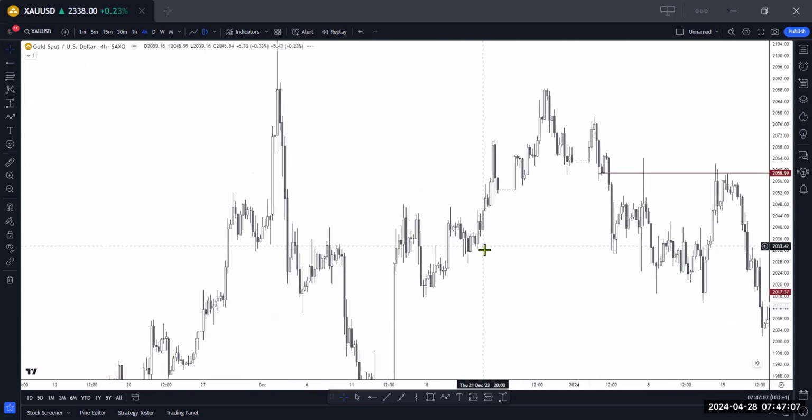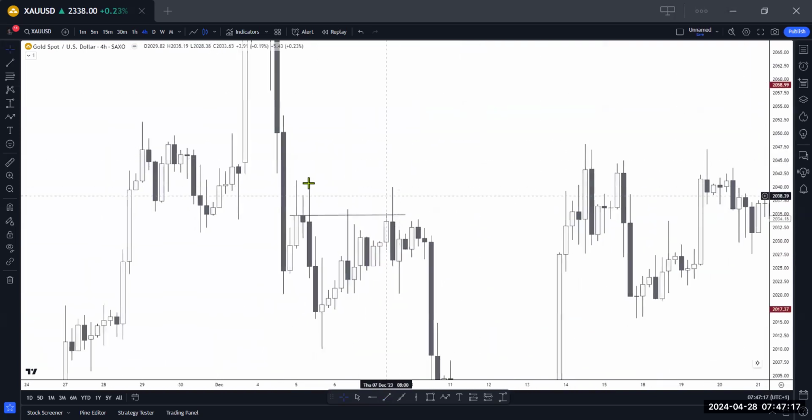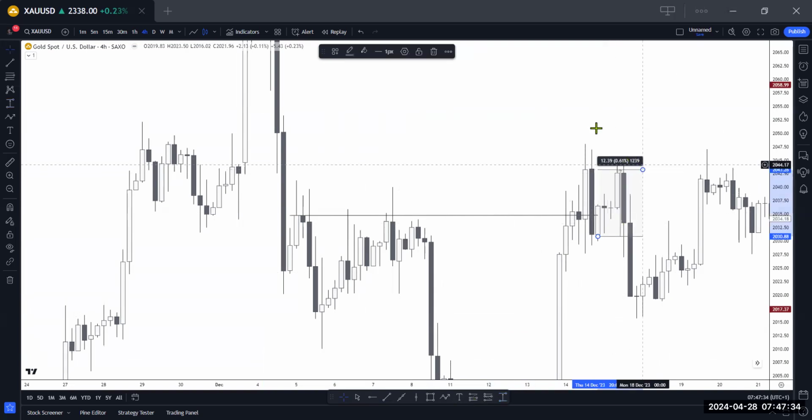All right, see another example. Okay, there's another example here. First time price uses this level, this time, one, two, three. The next time, breakout. Okay, next time, price broke it. Price broke the resistance, used it as support, and then we had 100 pips.